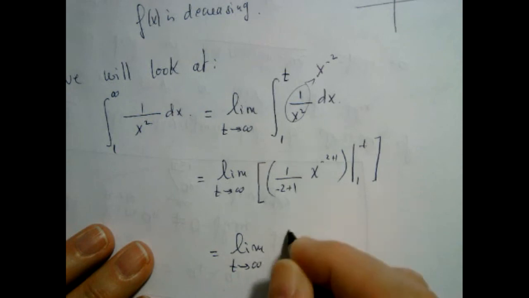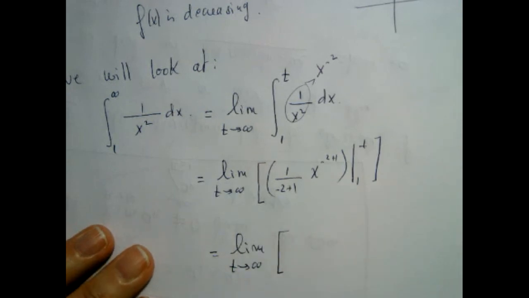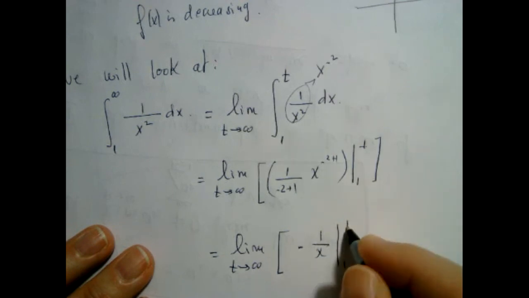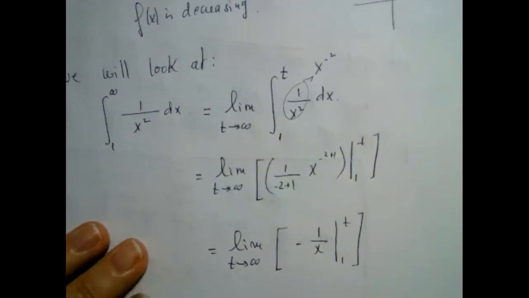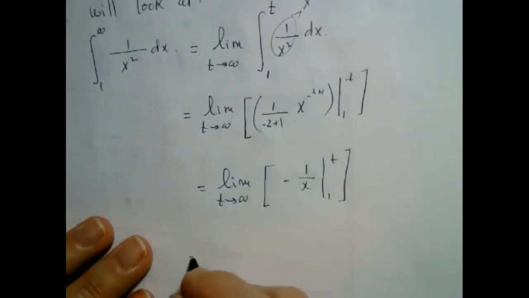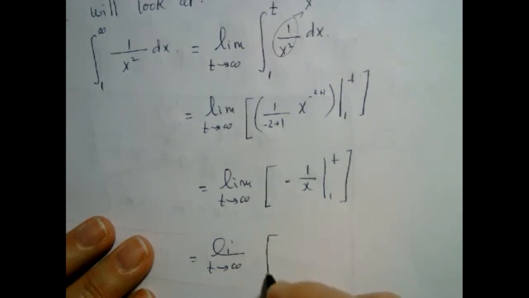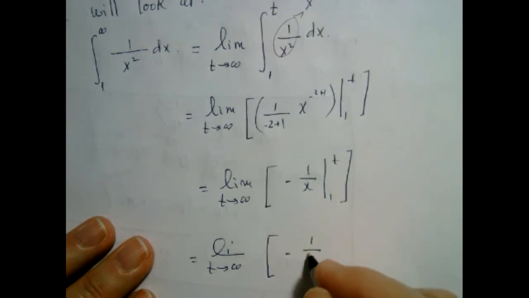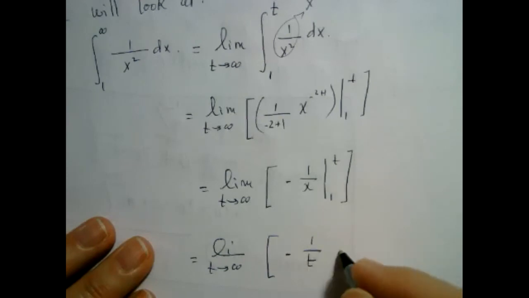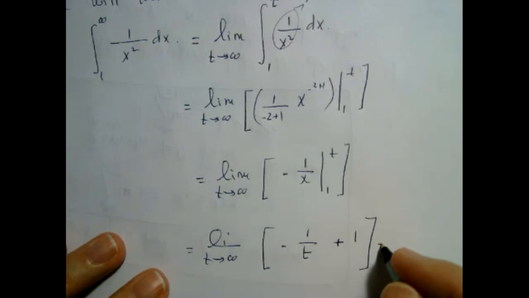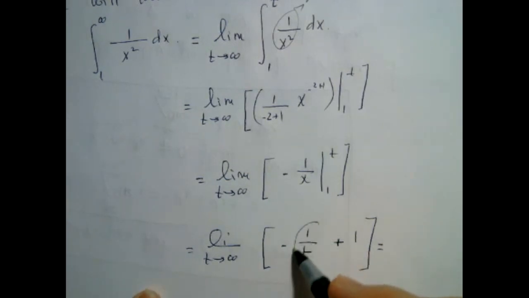Minus 2 plus 1 is minus 1, so it's minus 1 over x between 1 and t. So it's the limit as t goes to infinity of minus 1 over t, minus minus, plus 1. As t goes to infinity, 1 over t goes to 0, because t blows up, so this is equal to 1.